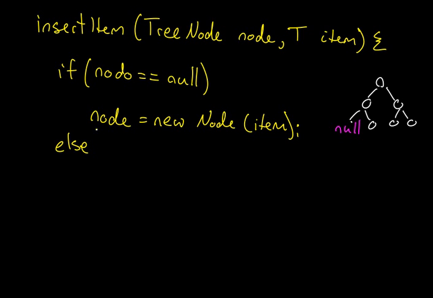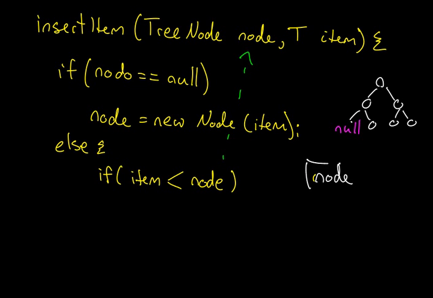Now, if you're not at a leaf yet, well then you have to continue traversing, which is when the logic from the previous slide comes in, saying that if your item is smaller than the root or our node coming from up here, that means that it has to go to the left, right?